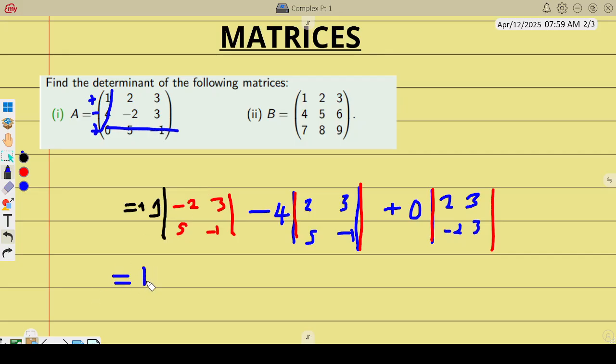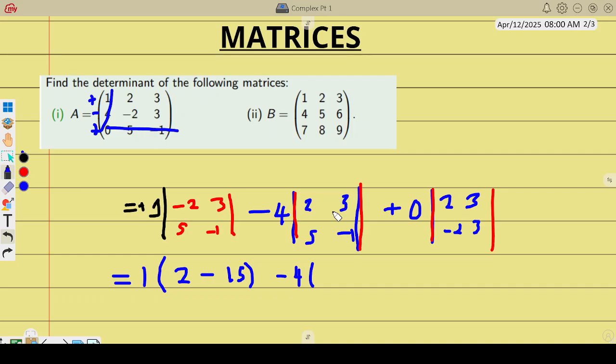We're going to have 1, negative 2 times negative 1, it's positive 2, minus 5 times 2, 15, minus 4. 2 times negative 1. Here you can even hear that I'm very slow.